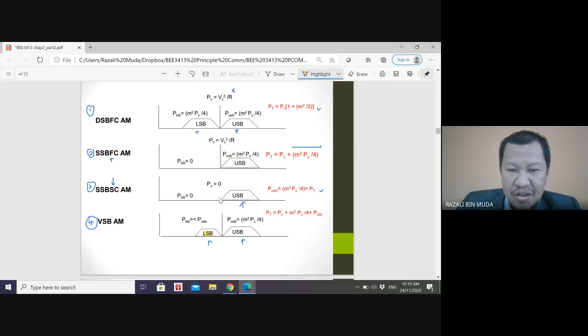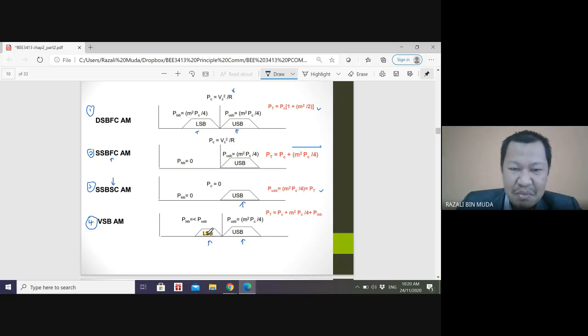This is none, and this is small. Maybe after some time they thought we might need some of the lower part of the sideband, and we might also need the carrier again. So they have the carrier again.